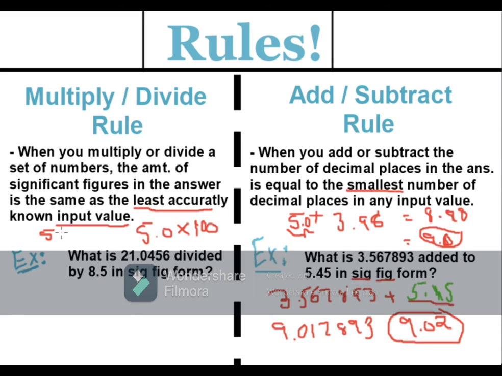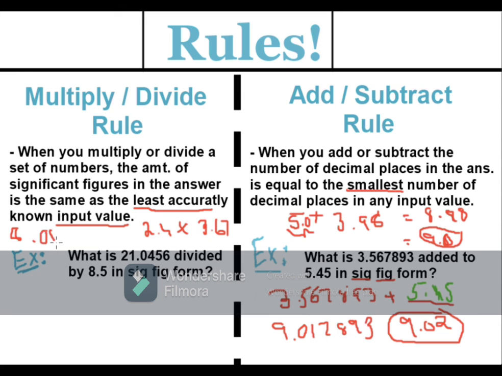So then if you want to make that to the nearest, no, wait. Let me give you a different example. If you have 2.4 times 3.67, you get 8.808.